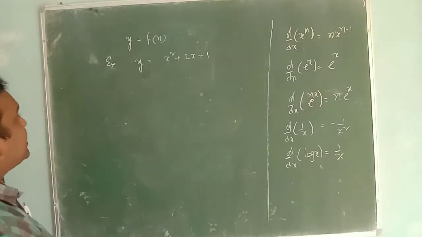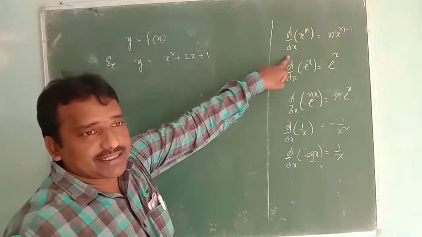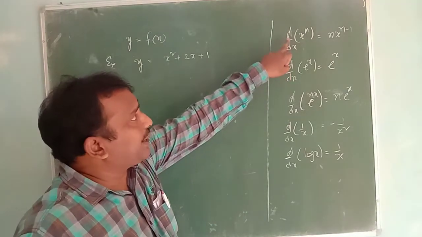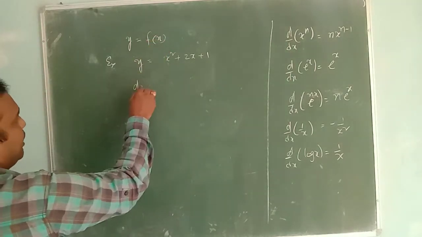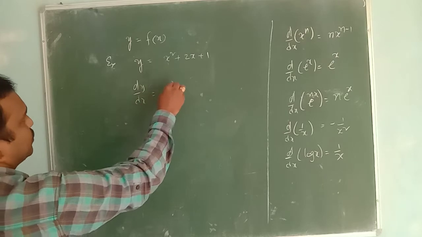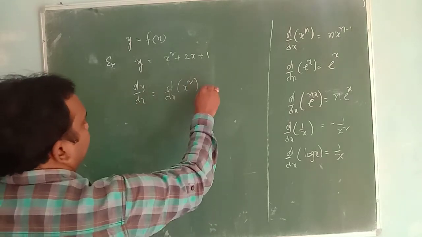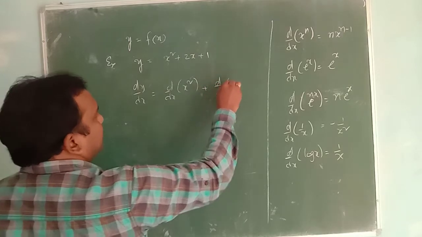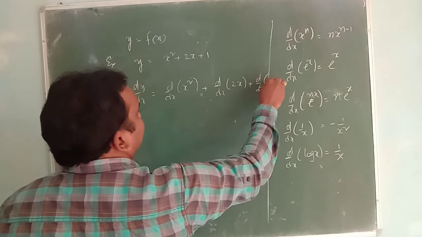Now the question is, if we want to find out derivative of y, what we will do? dy by dx is equals to d by dx of x square plus d by dx of 2x plus d by dx of 1.